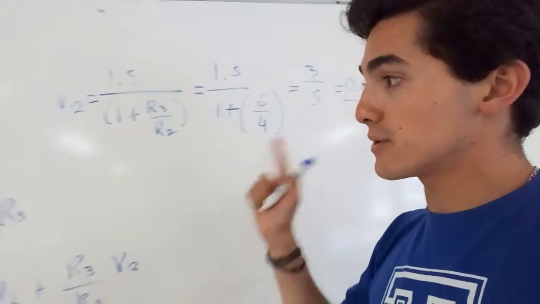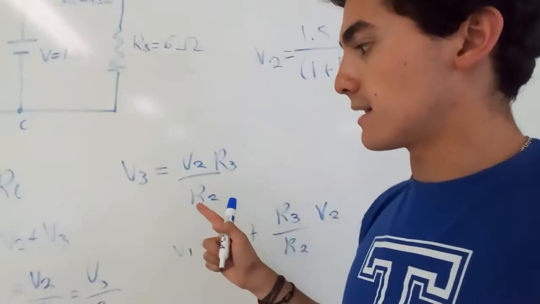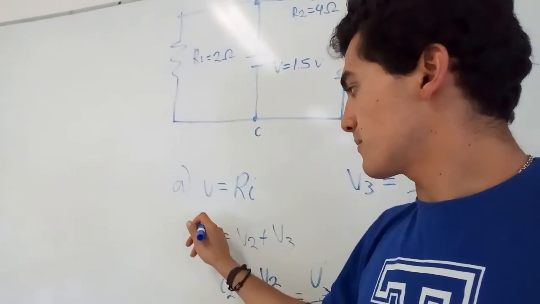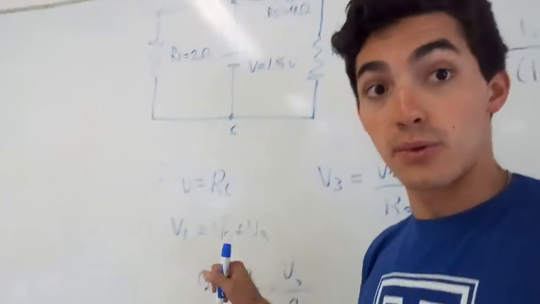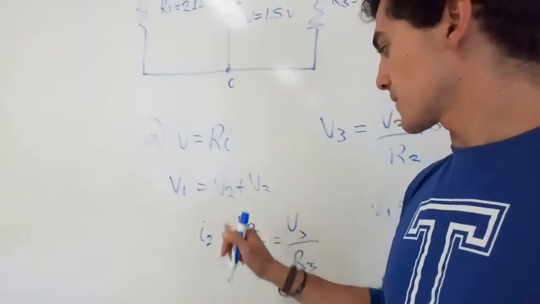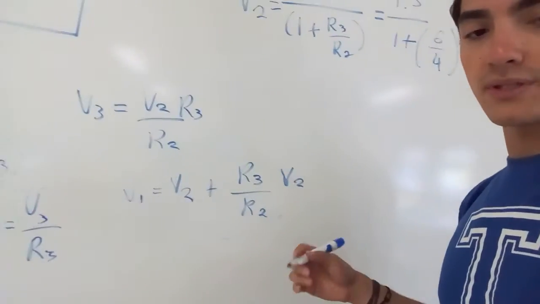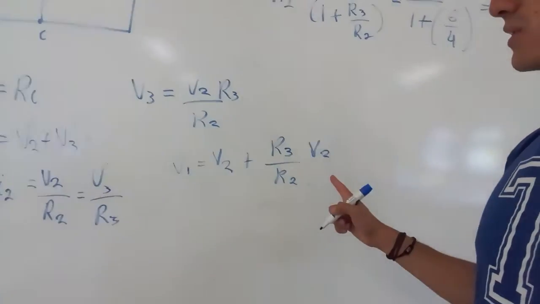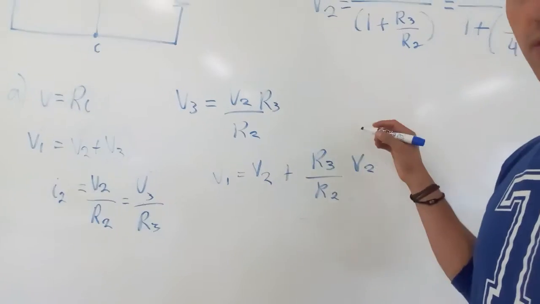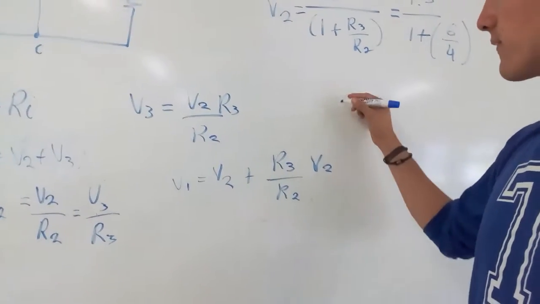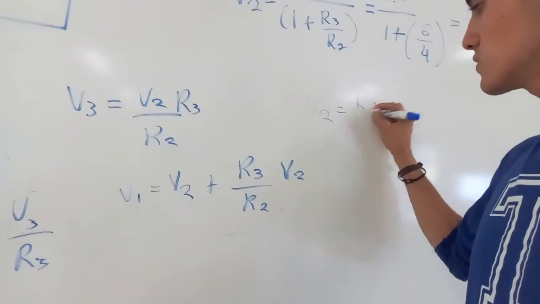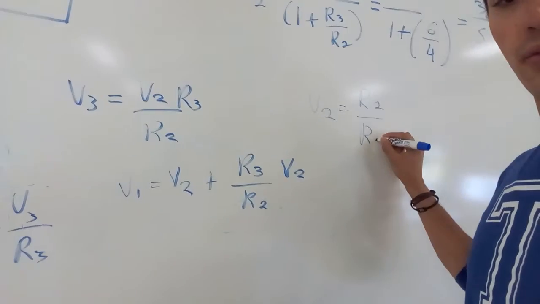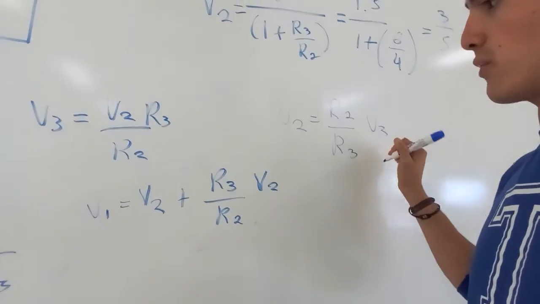Once we know our voltage 2, we know this part, but we want to determine also the voltage 3 in here. So for determining the voltage 3, we go back to the formula of voltage 2 equal to resistance 2 over resistance 3 times voltage 3.